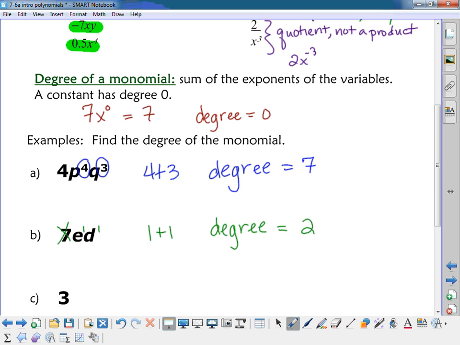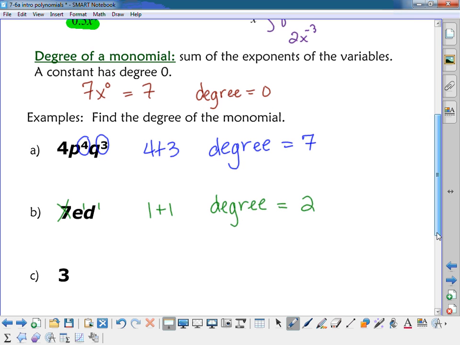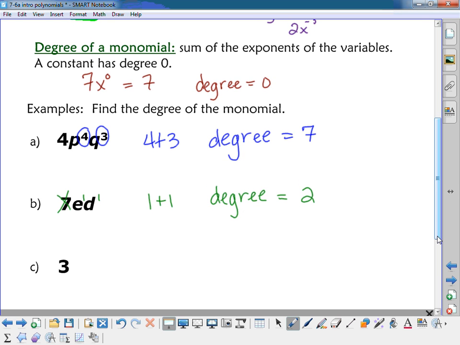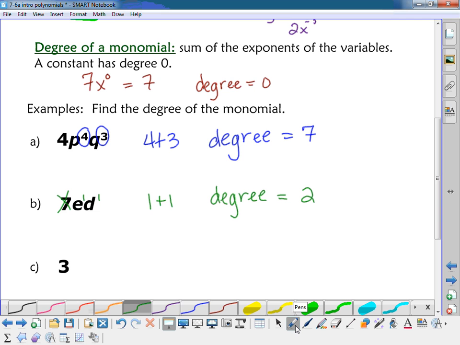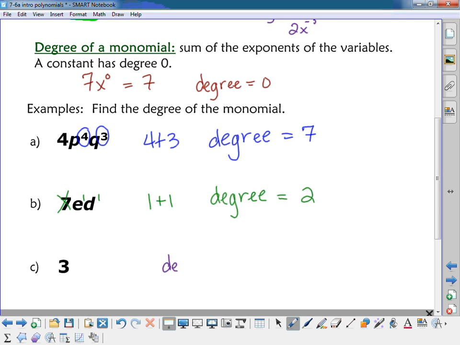We don't worry about the 7. The 7 doesn't do anything to change the degree, okay? All right, and the last one, what do you guys think? What did we say it was for a constant? It's just 0, because again, we can think of it as being times x to the 0. So the degree equals 0.